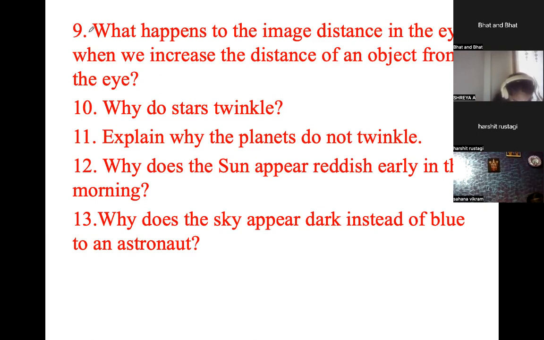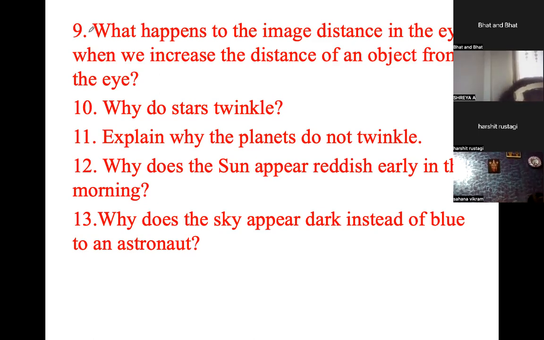Ma'am, most of the small wavelength, like the blue color, they scatter off. So the light reaching us is of larger wavelength, which is the red one, because of that the sun appears reddish during the sunrise and sunset. Yes, correct. So write down.